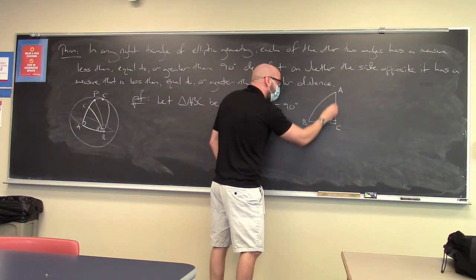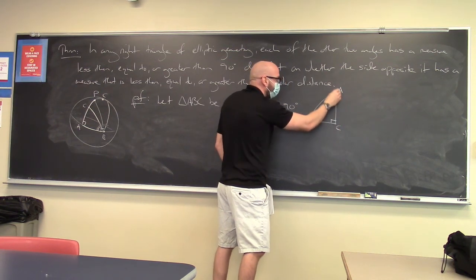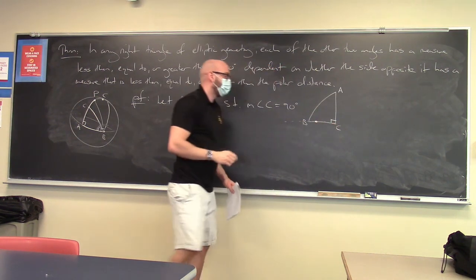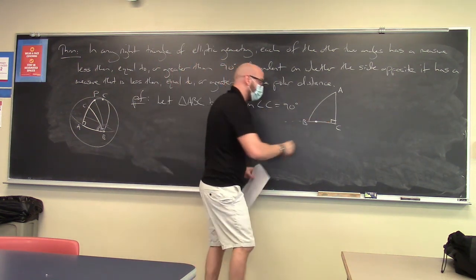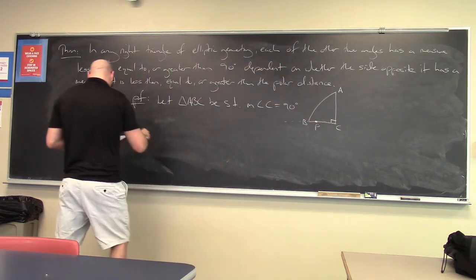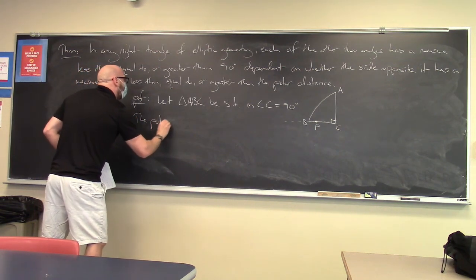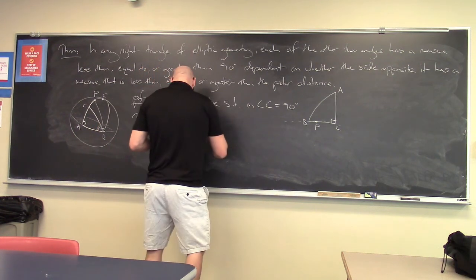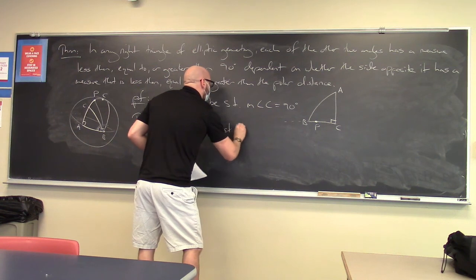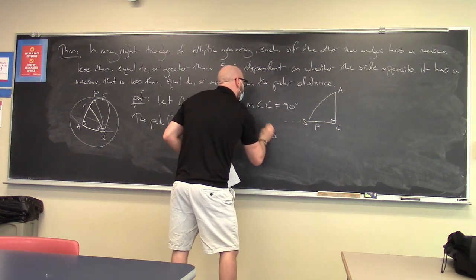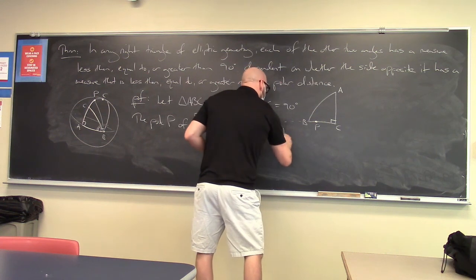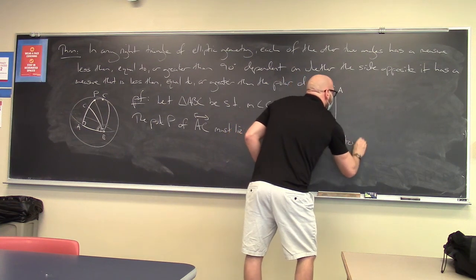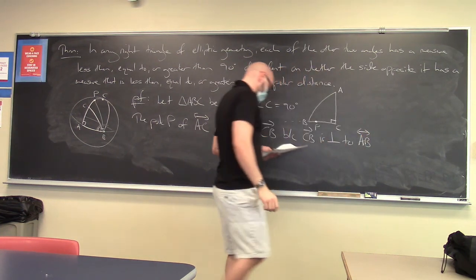The pole of line AC must lie somewhere on BC. Right, because this is a right angle, the pole is somewhere along this line. So there's the pole P. So the pole P of line AC must lie on this ray CB, because CB is perpendicular to AB.